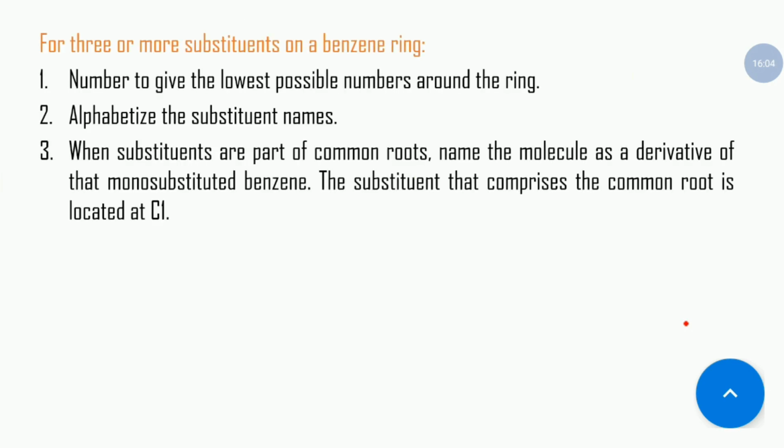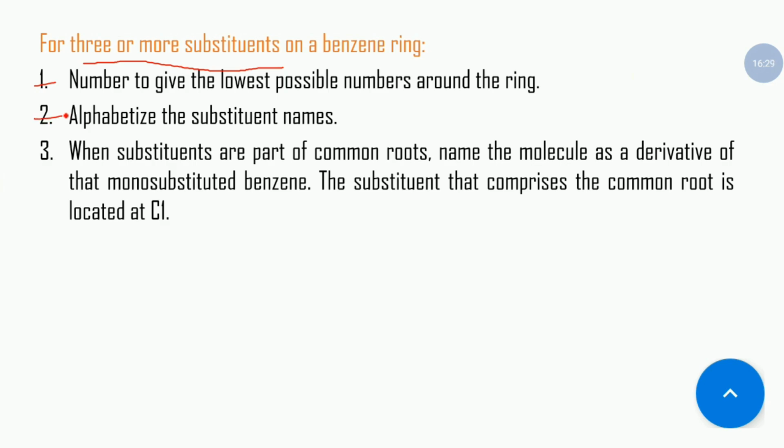Now, in case of three or more substituents, that means for polysubstituents of the benzene ring, you have to maintain some rules. First rule is to give the lowest possible numbers around the ring, so you have to follow this.